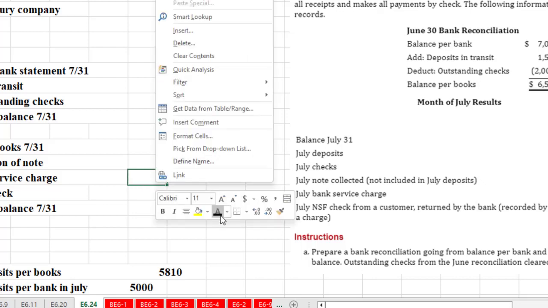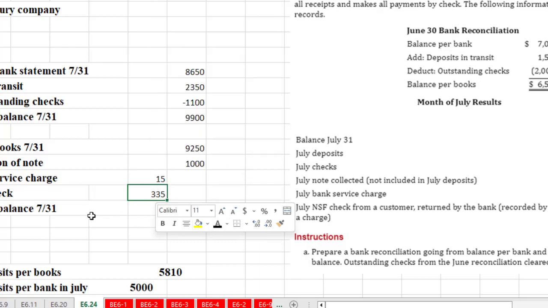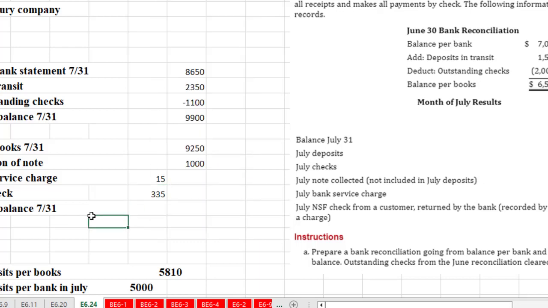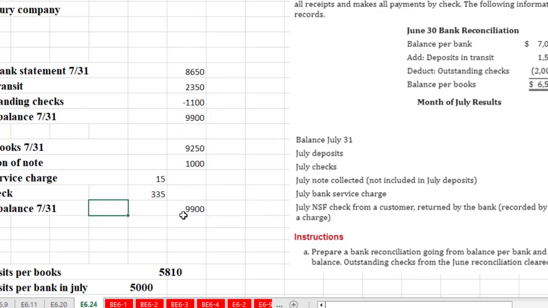Then we'll subtract the service charge of $15, and then we'll remove the $335 from our balance because the client paid us but the check bounced. And so now we have the correct balance of $9,900. See, it reconciles with the bank, and so now we know where everything was, and we're almost done.